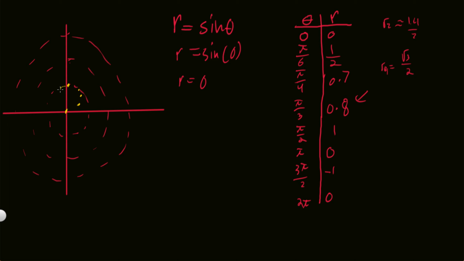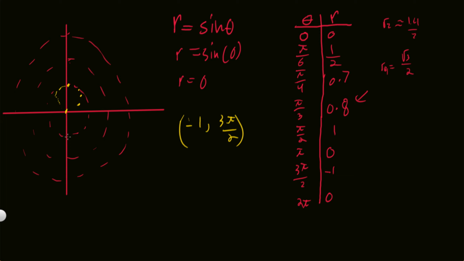So it will just go something like that. And then 3 pi over 2, we have, so this is one of our points. Sorry, it should be radius comma theta. So the way we write that is negative 1 comma 3 pi over 2. So 3 pi over 2 is 270.